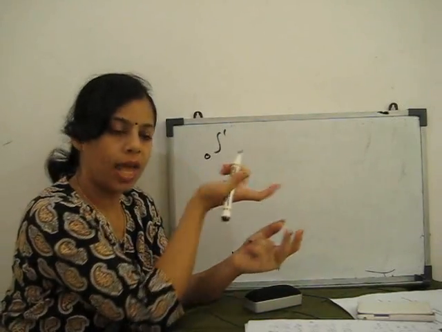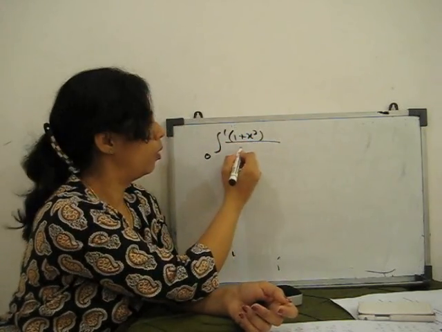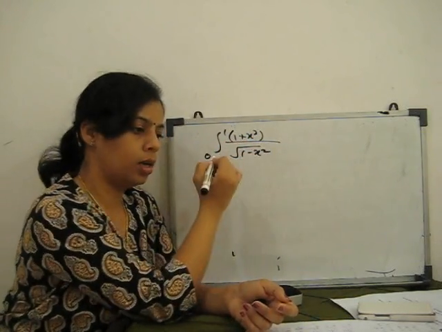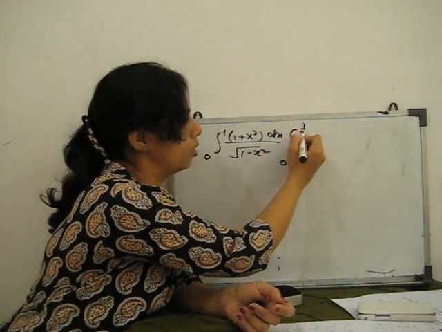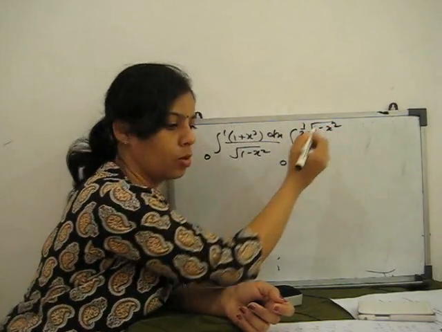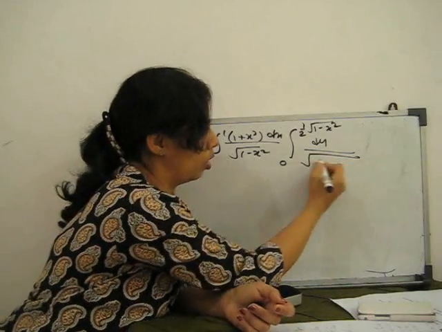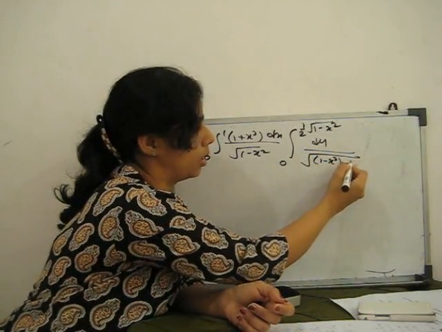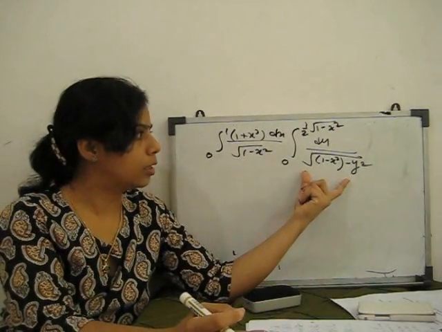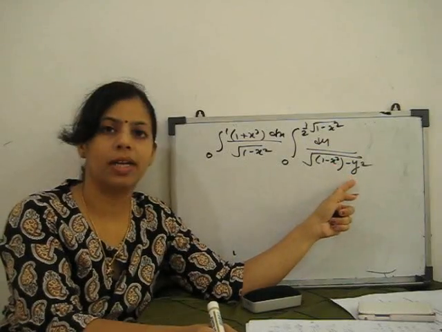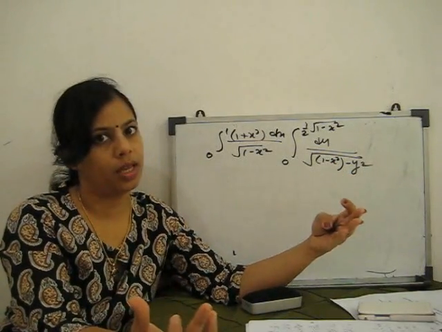We have to take all x terms outside. So 1 plus x square upon 1 minus x square dx. Second integral is 0 to 1 by 2 root of 1 minus x square dy upon under root of 1 minus x square minus y square. Clear? Now this is dy of under root a square minus x square. Root of a square minus x square is sin inverse x by a. Very good.